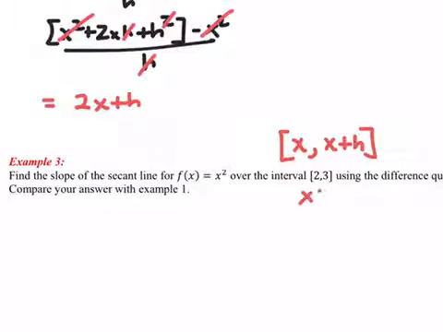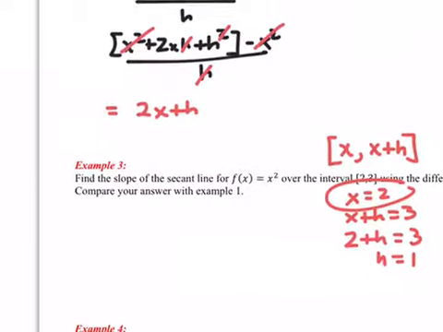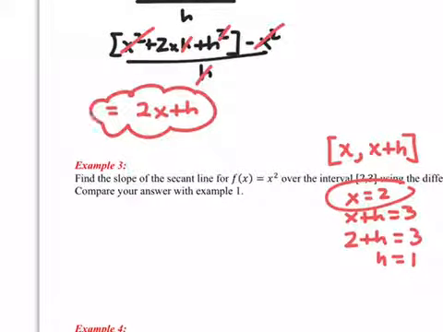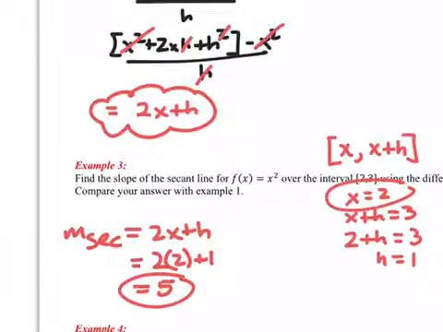So we're going to say that x equals 2 and x plus h equals 3, and plugging that in, we find that h equals 1. Therefore, when I get my simplified difference quotient, the slope of my secant line should equal 2x plus h, where x is 2 and h is 1. It looks like we've confirmed that both come out to be 5.